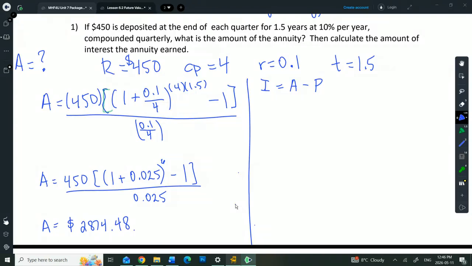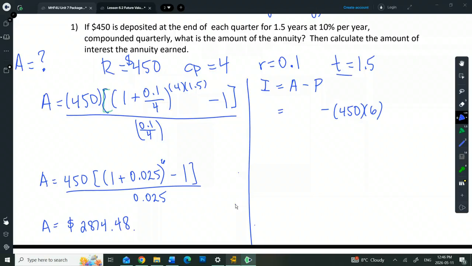All right, so this says if we are doing 1.5 years for 4 times a year, that gave us 6 payments. So if I have done 6 payments of 450, my payments are going to be 450 times 6, of course, because I did 6 of them.